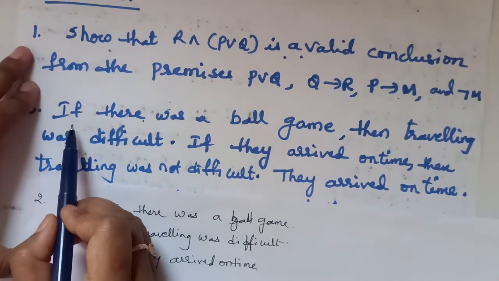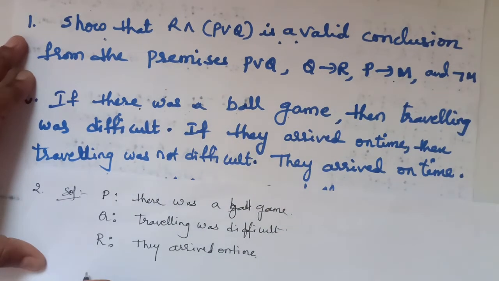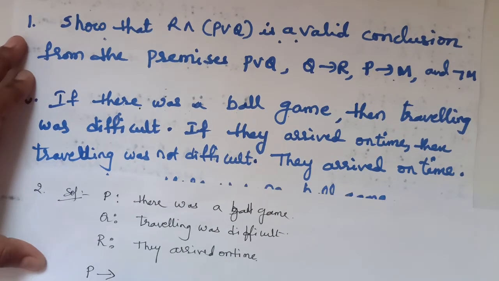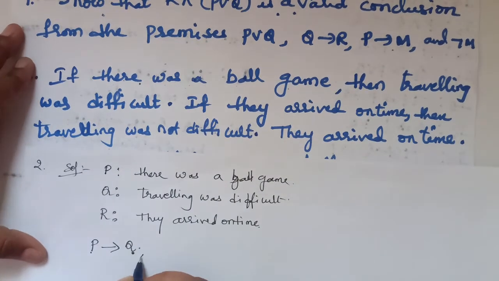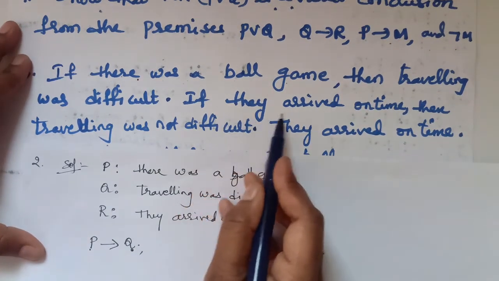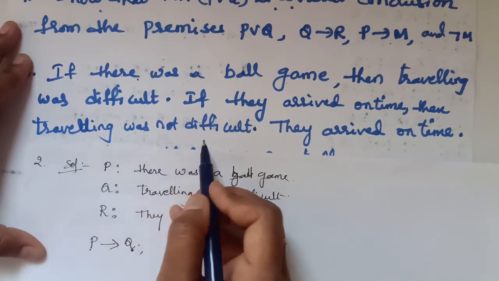So if there was a ball game, P conditional Q, then traveling was difficult. That is the first premise, P conditional Q. Next, if they arrived on time, then traveling was not difficult.